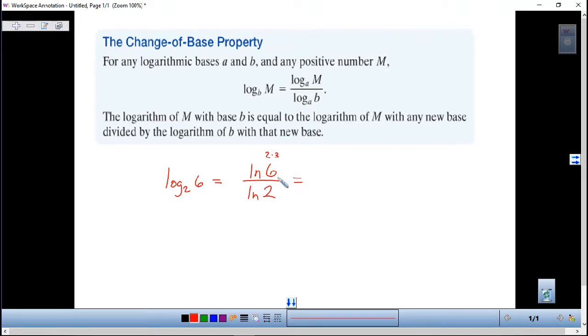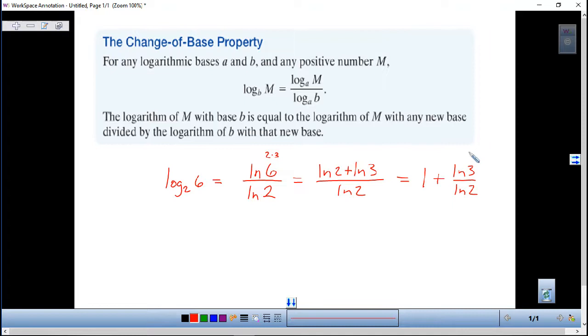You'd use the product rule, and you would have the natural log of 2 plus the natural log of 3 over the natural log of 2. Now, before you start thinking, hey, we can just cancel those out, you can't actually cancel those out. That has to divide into both parts. But what you would do, you could divide the natural log of 2 into both parts, and you would get 1 plus the natural log of 3 divided by the natural log of 2.